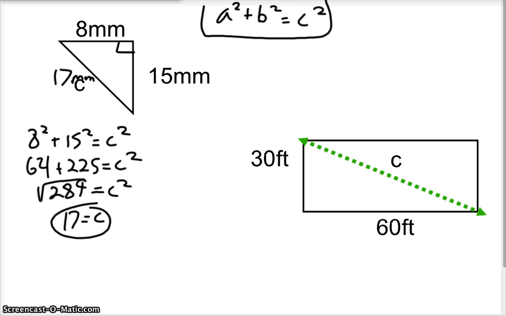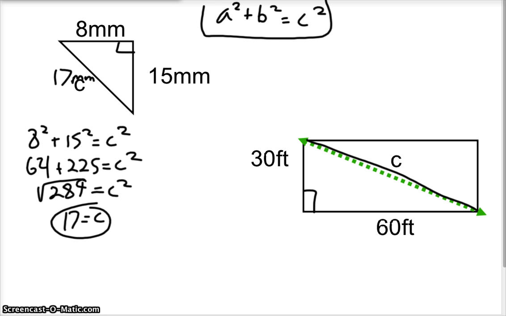It can also apply to things that aren't automatically triangles, but that we create into triangles. So this example is coming from standardized test example number 2 on the top of page 583, and it's talking about a volleyball court. A volleyball court is 30 feet wide and 60 feet long, and the question is, what is the distance from one corner to the other? So we're creating a triangle right there.